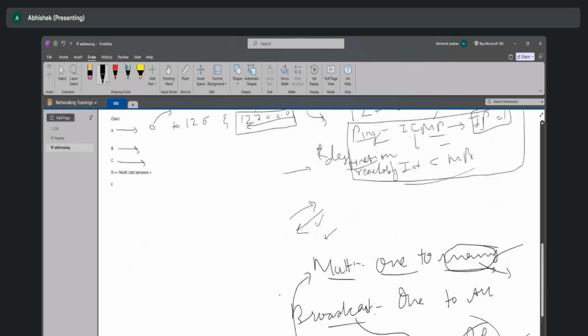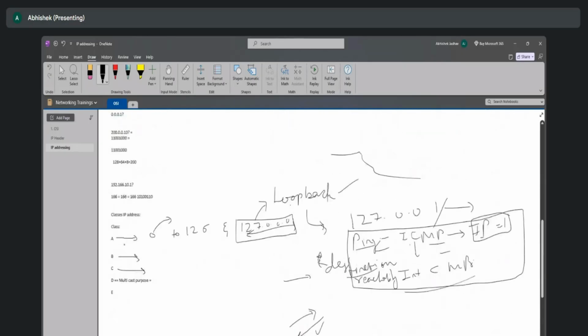Okay, now since we were discussing class A IP addresses, I told you that 127 is reserved for loopback and 0 is reserved for the default IP address, 0.0.0.0.